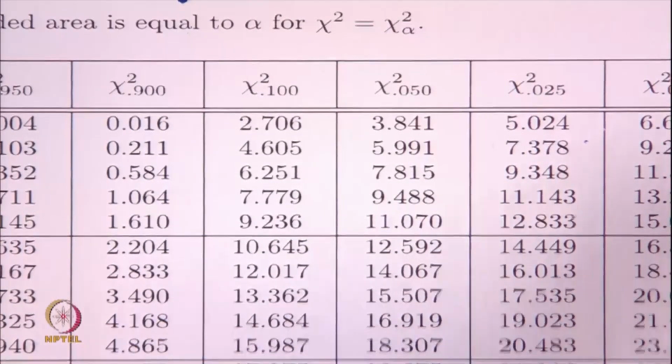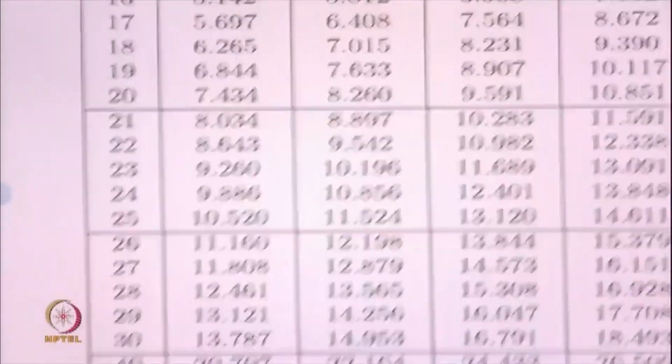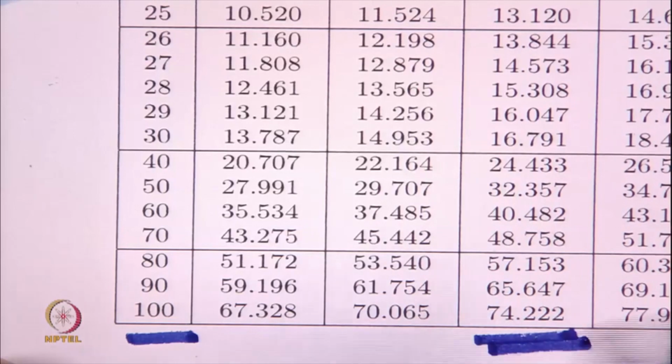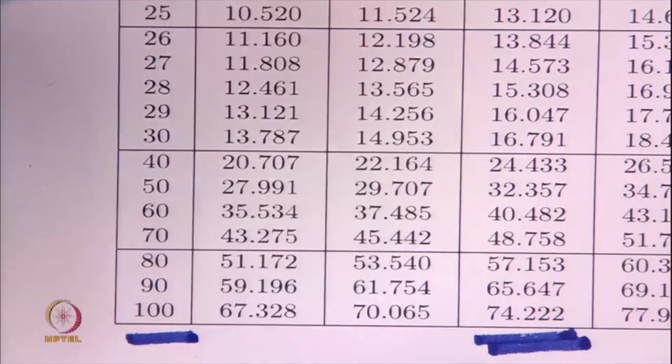In particular, let us look at chi-square with 100 degrees of freedom. Look at the value for 100 degrees of freedom, and corresponding to 0.975, this value is 74.22.